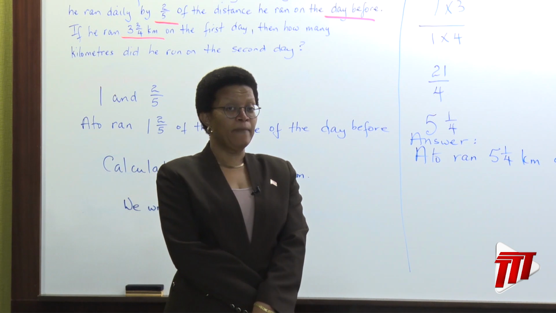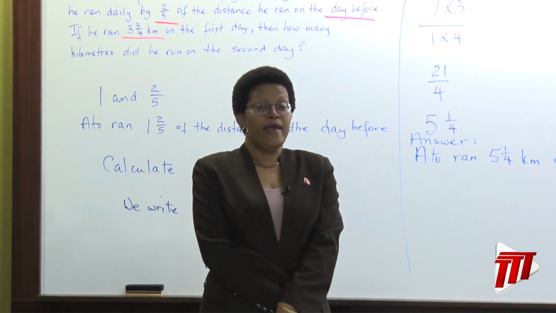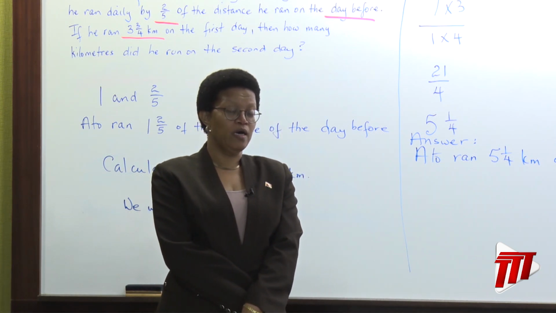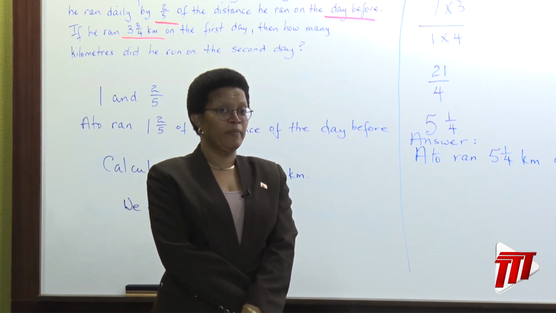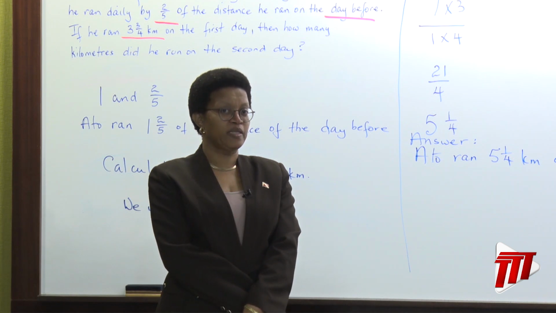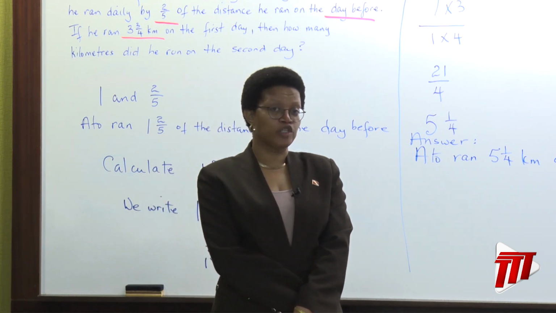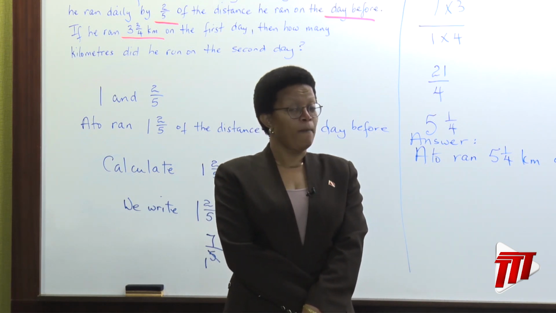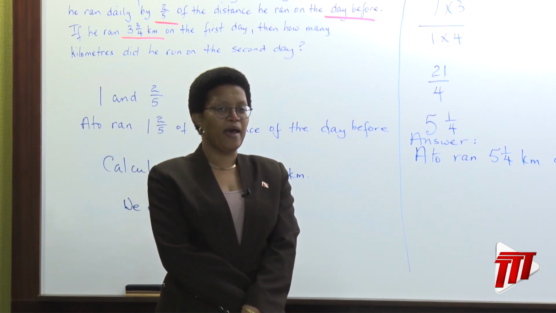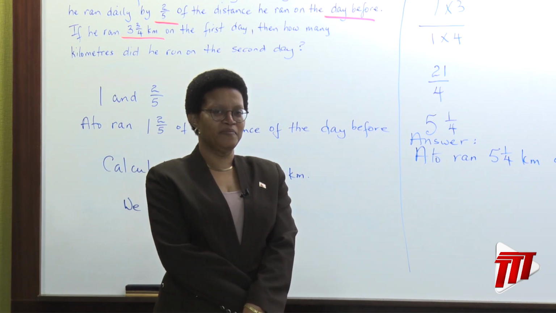We looked at multiplying a fraction by an improper fraction. We again multiply numerator by numerator, denominator by denominator. And what about multiplying mixed numbers by mixed numbers? We saw you can convert a mixed number to an improper fraction. So if we convert both mixed numbers, again, multiply the numerator by the numerator and the denominator by the denominator.